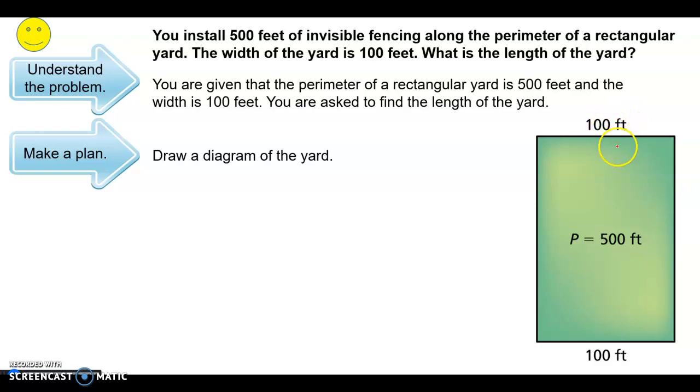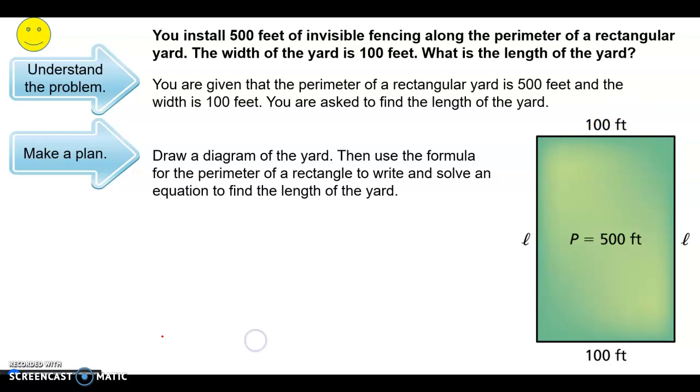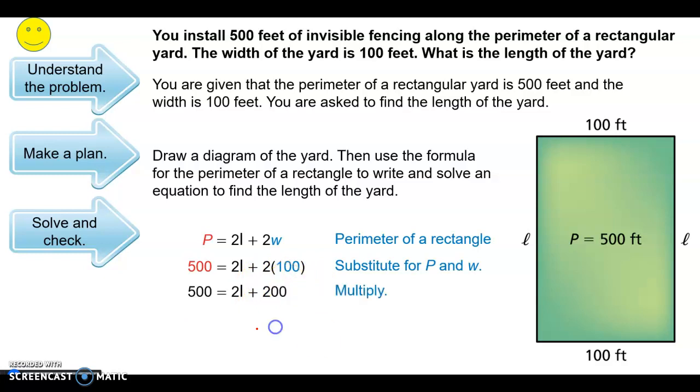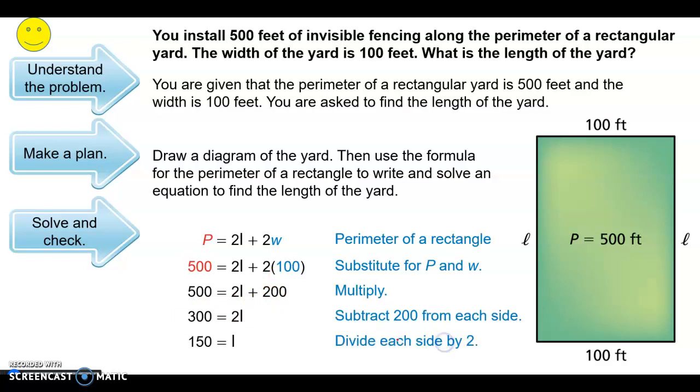Basically, you can use this equation: 2 times length plus 2 times the width. The width is 100, so 2 times 100 is 200. And then you subtract 200 and then divide by 2, and the length is 150.